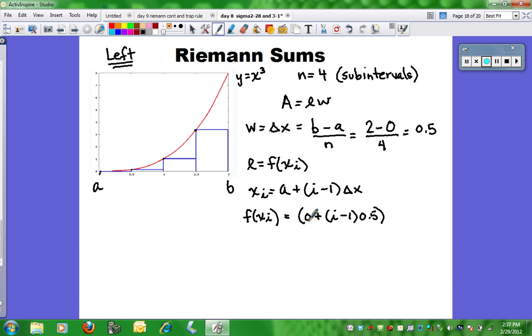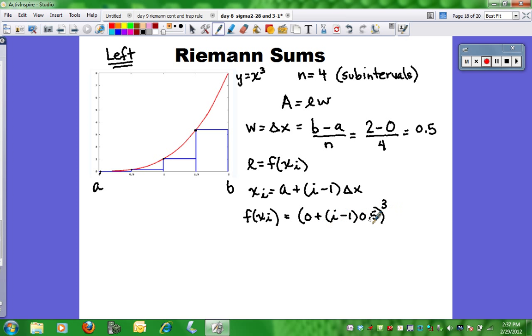But since we are now plugging into f, our function f of x is equal to x cubed, that whole thing is going to be cubed. That's not always going to be cubed. If we had x squared up here, it would be squared. If it was 1 over x, it would be 1 over this quantity. If it was some other thing, like square root of x, it would be the square root of this quantity.